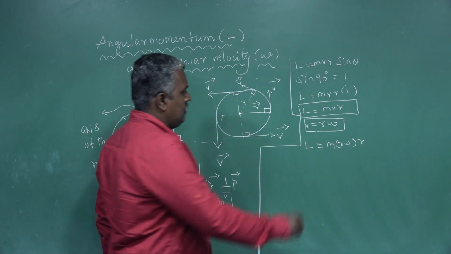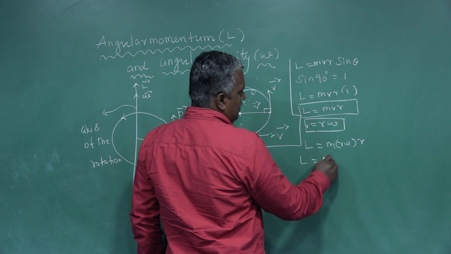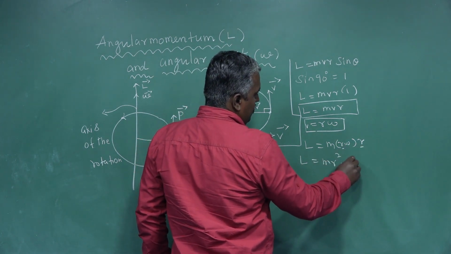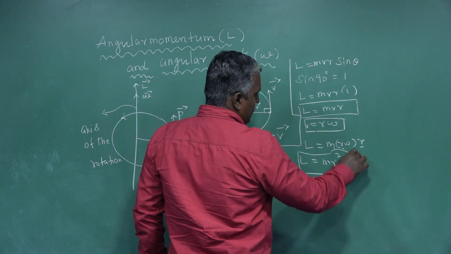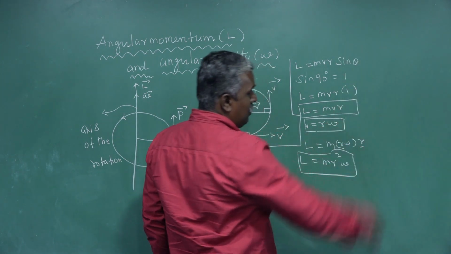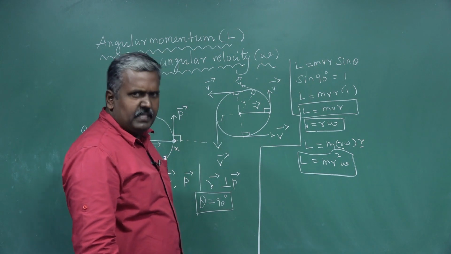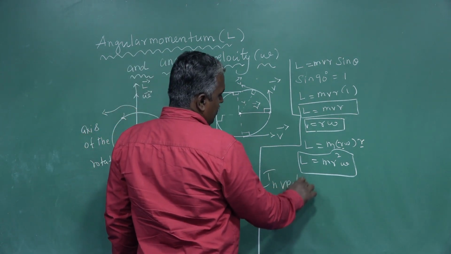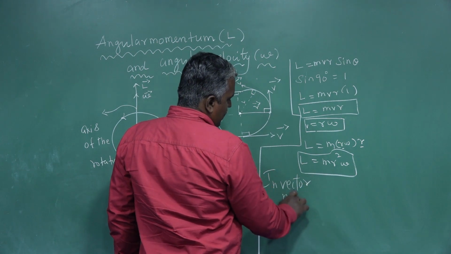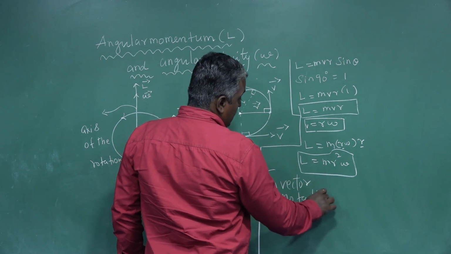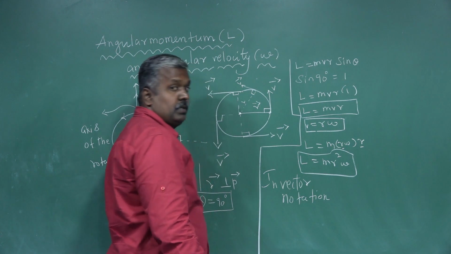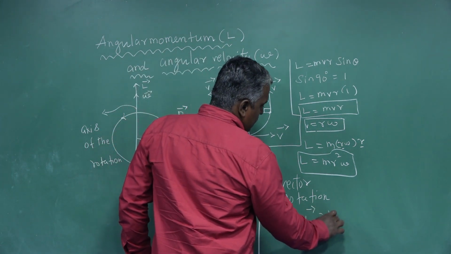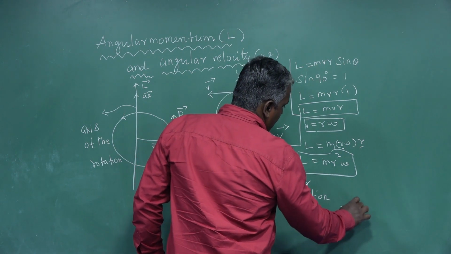So L is equal to m r square omega. In vector form, because angular momentum is a vector quantity, L vector is equal to m r square omega vector.